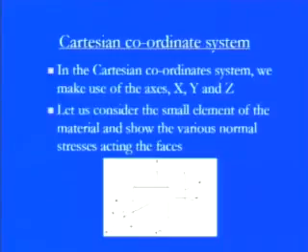Because in the cube we have 6 faces, and all 6 faces have unit length, and it is symmetrical in all directions. If we are talking about the 3 directions x, y, z, it has 6 faces, 3 faces along the x, y, z directions. The frontal side has the same features as the rear part, so it is a symmetrical object having unit width, and whatever stress components are there, we can assume them.